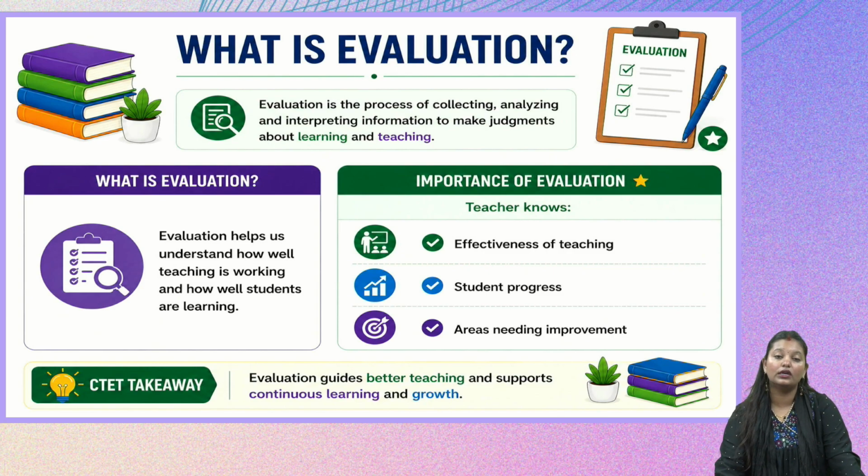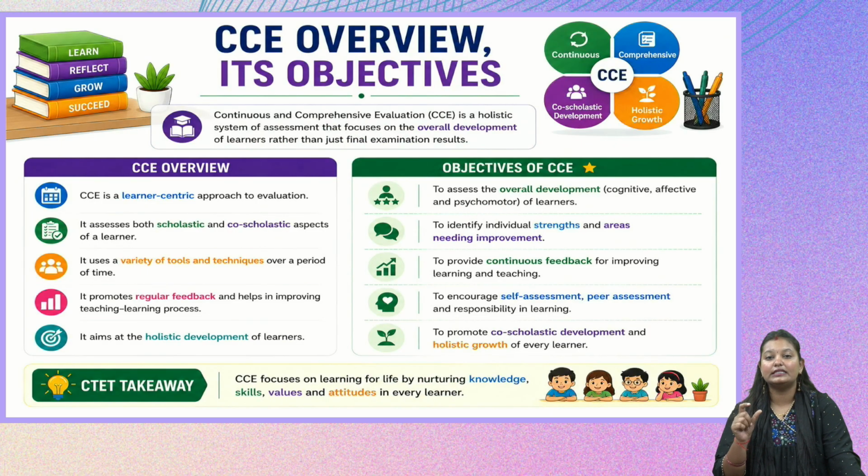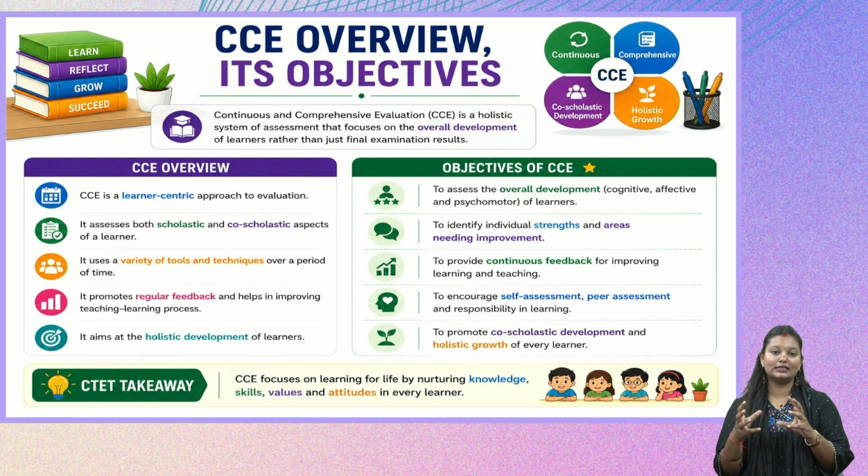So now we will look specifically into CCE, continuous and comprehensive evaluation. This is a very important term that we use in NCERT textbooks and also CBSE has come up with it. This basically is a holistic system of assessment. We realized that one year-end evaluation or one year-end test cannot tell us the true potential of a child.